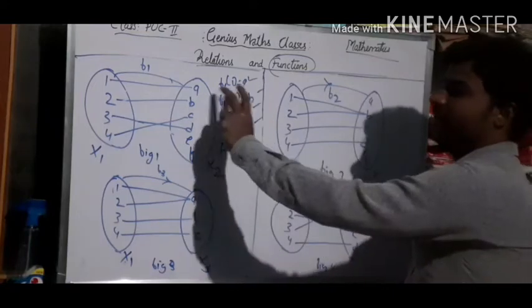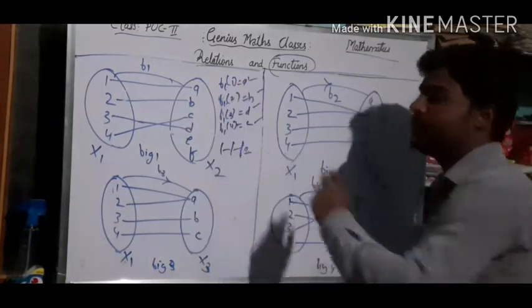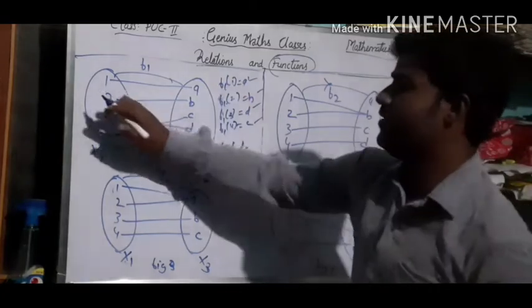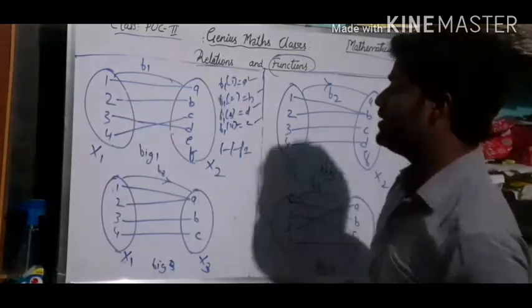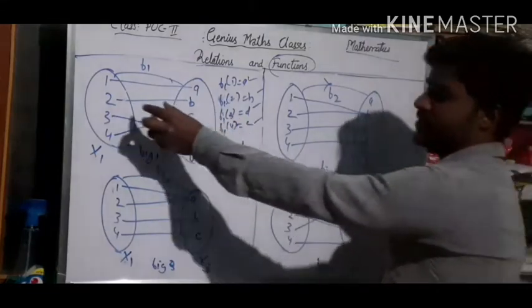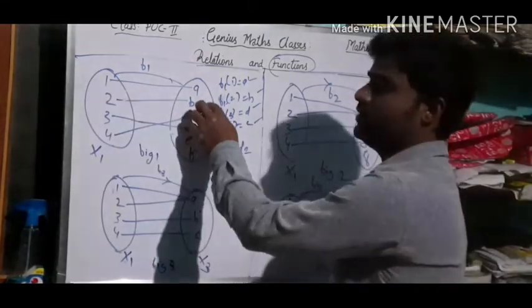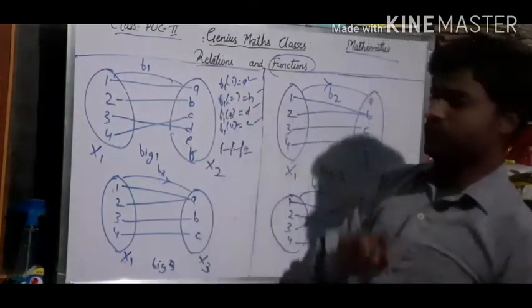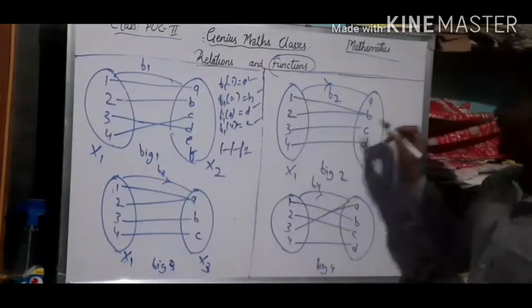In this regard, images must be different for every element to which we apply the function. Then only you can produce one-one. Observe here also.